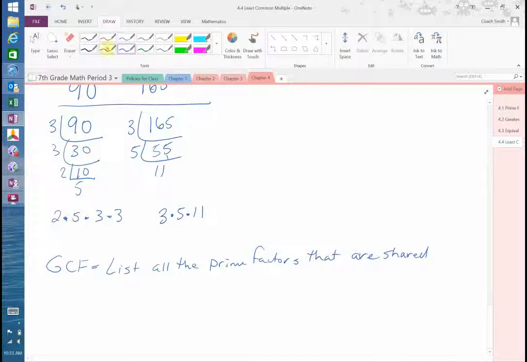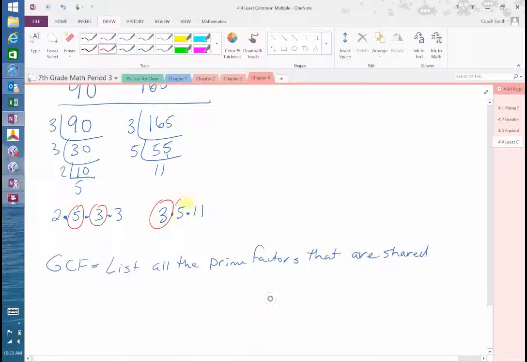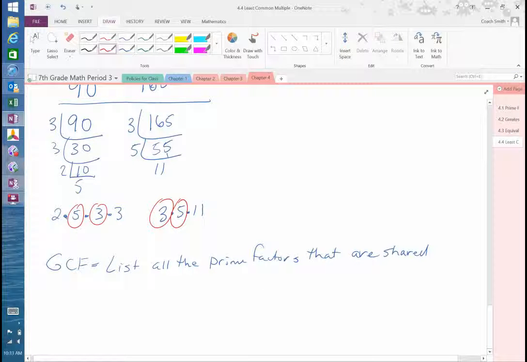So, as we look at these, I have a 3 that's shared. I have a 5 that is shared. And that is it. So that means 3 times 5. Now, 3 is shared 1 time. 5 is shared 1 time. So 15 is the GCF.